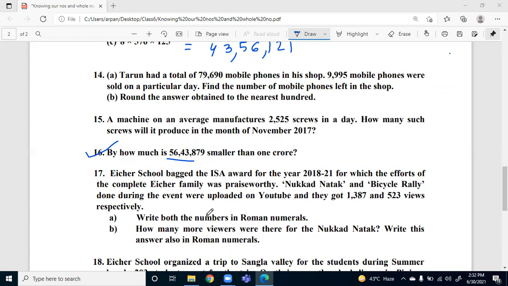Ma'am, Samarth knows the answer. Okay, Samarth, you tell.